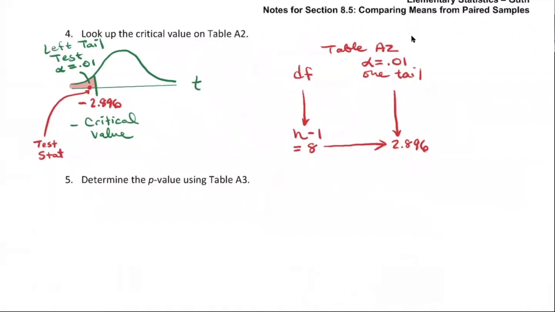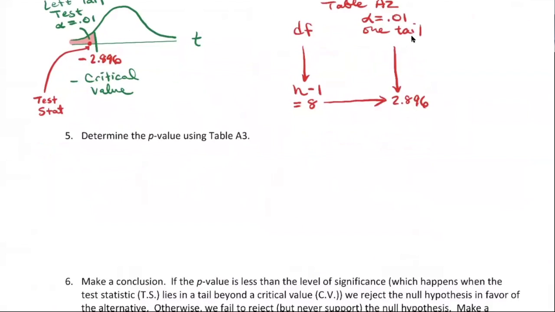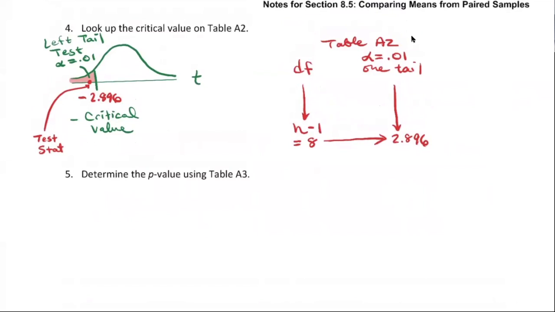So there we go. Next thing is the p-value. The p-value is just a different way of determining statistical significance. We've already decided that our test statistic is significant. Let me make this note here. This is significant since it's in the left tail.